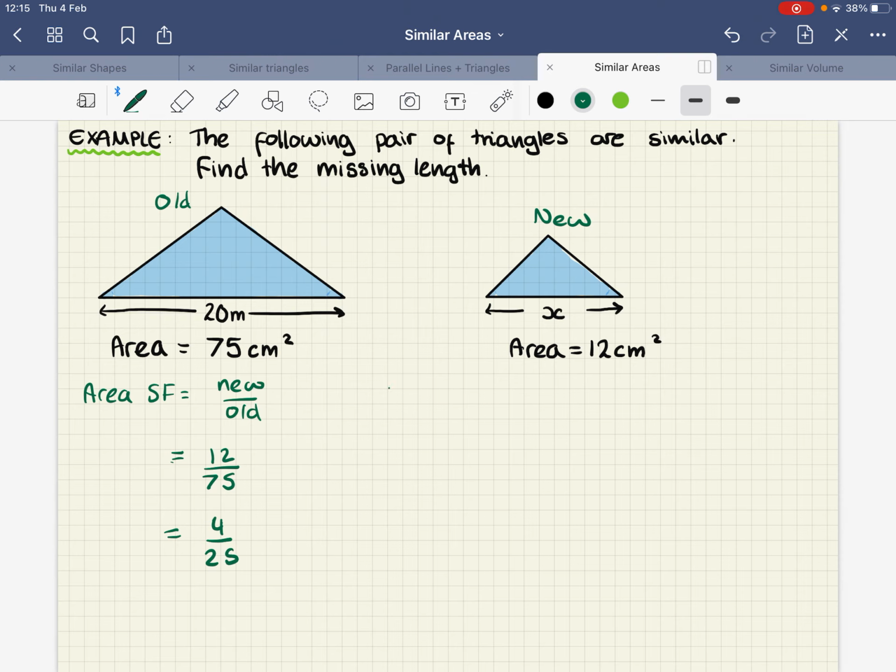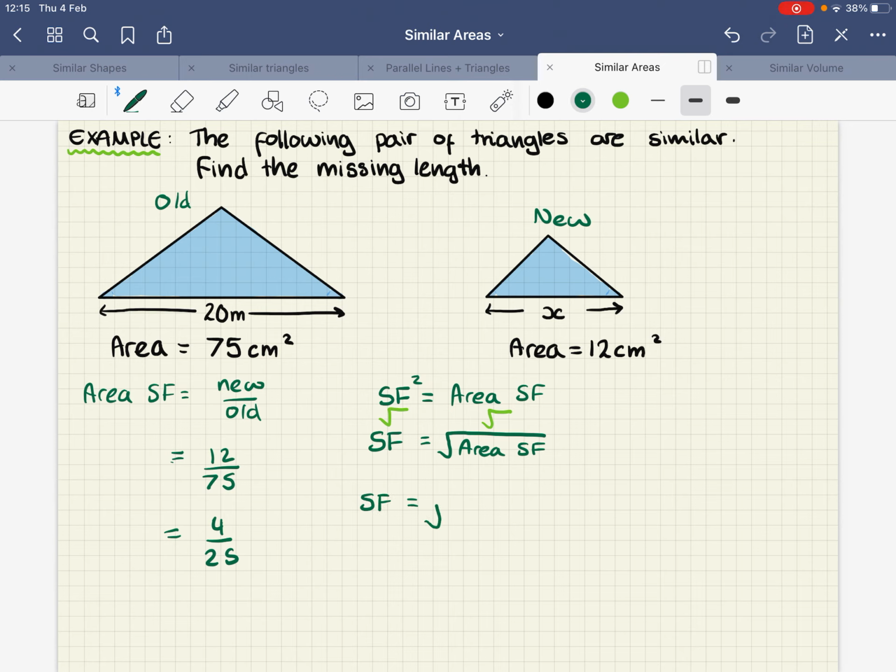So then we need to figure out what our scale factor is. Now remember, our scale factor squared is the area scale factor. So if I wanted to find out the scale factor using all my knowledge of changing the subject and solving equations, to get rid of that squared sign, I just need to square root it. So I need to square root that area scale factor.